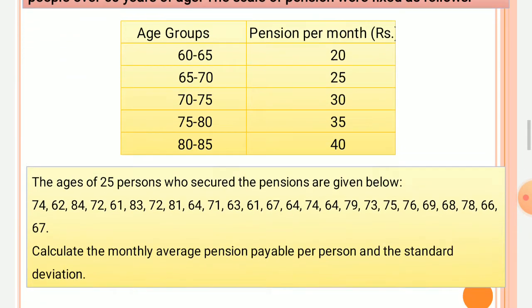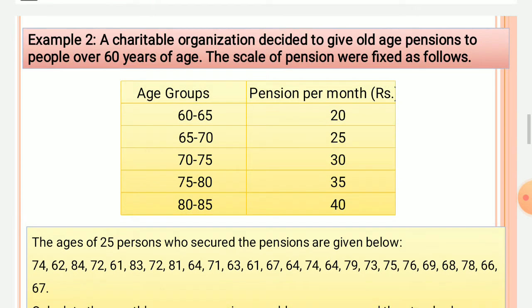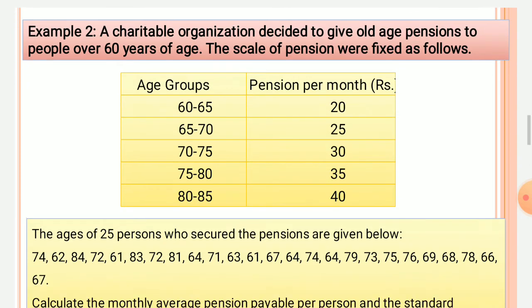The ages of 25 persons who secured the pensions are given below: 74, 70, 62, 84, 72. So like that the ages of 25 persons who secured pensions are given, and we have to calculate the monthly average pension payable per person and the standard deviation from this data.